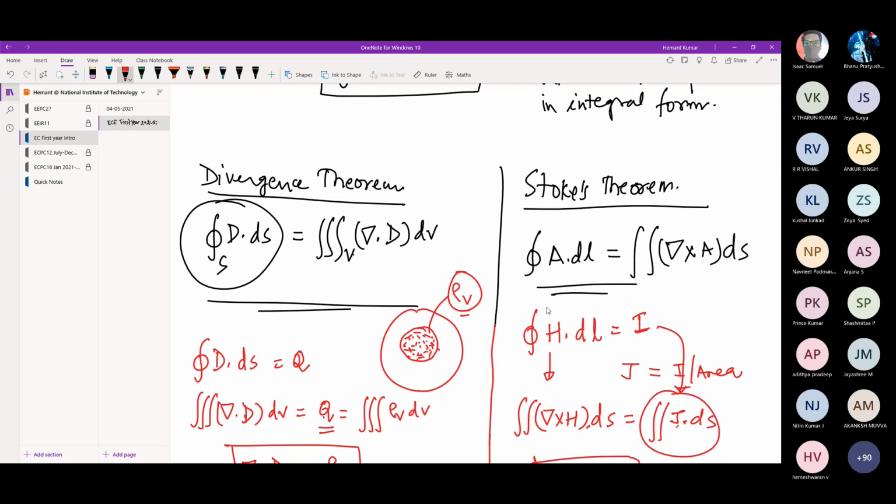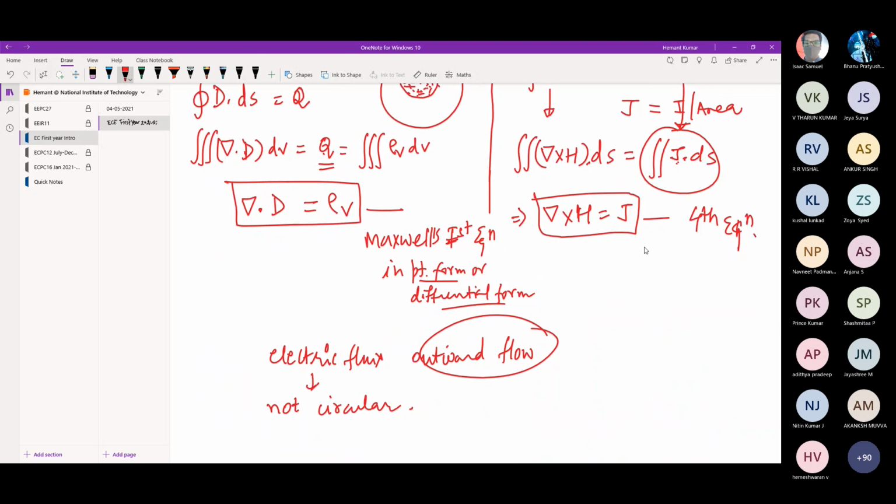Curl is positive if it is anti-clockwise, negative if clockwise, and if there is no rotation, it is zero. Very similar to divergence: if there is an outward flow, we say positive divergence; if an inward flow, negative divergence; if there is no inward or outward flow, the value is zero.